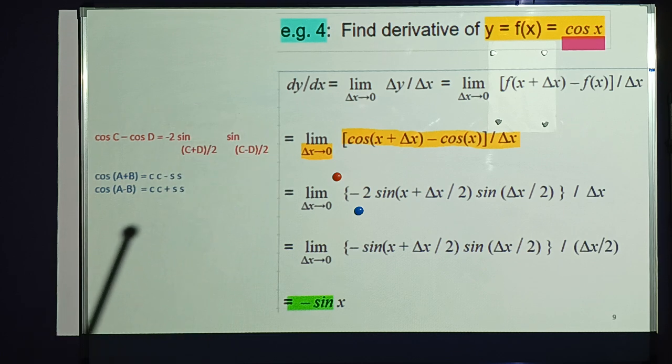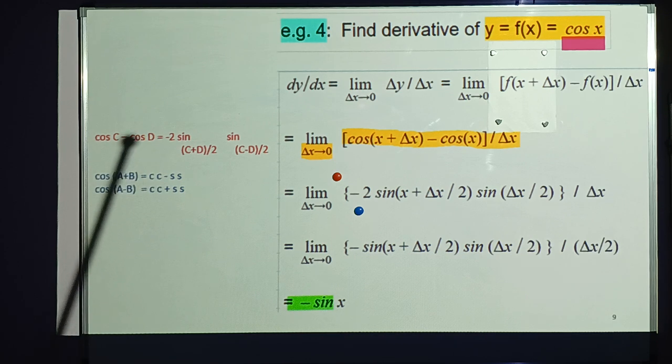This is got from this identity. Cos(a plus b) is cos a cos b minus sin a sin b. This you should know. And cos(a minus b) is cos a cos b plus sin a sin b. From this, a plus b is put as c and a minus b as d. So this is a change of variables where a and b are changed to c and d, and the relation between them is a plus b is put as c and a minus b is put as d.